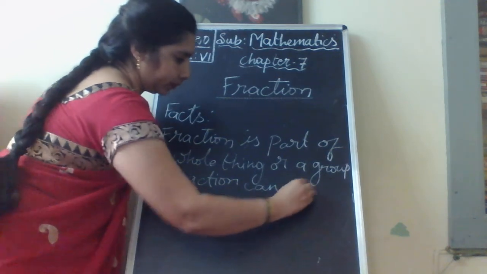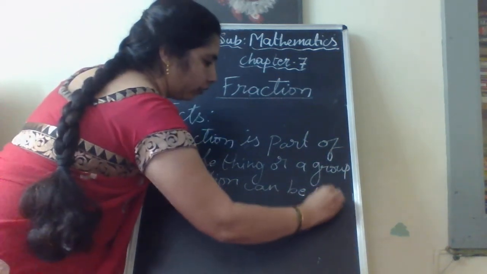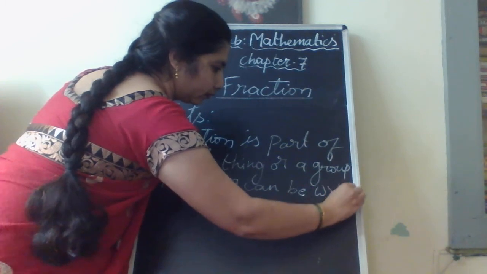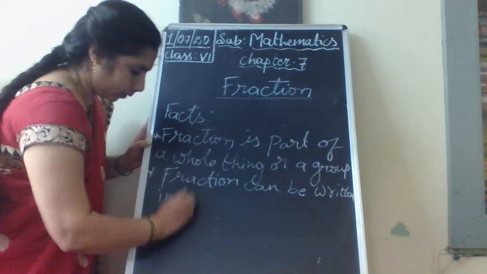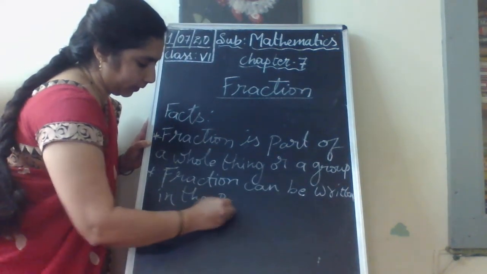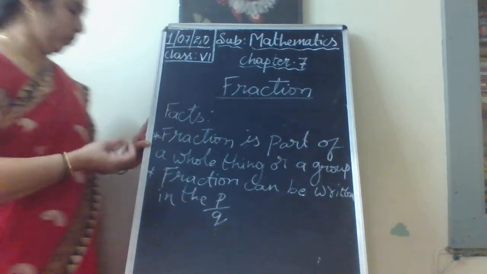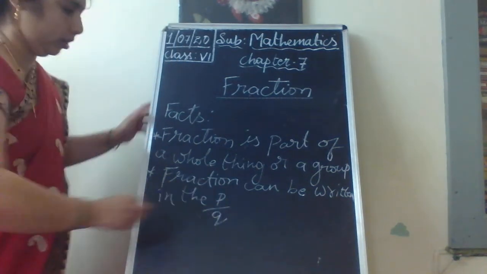Fraction can be written in the form of P by Q, where P and Q are two natural numbers.